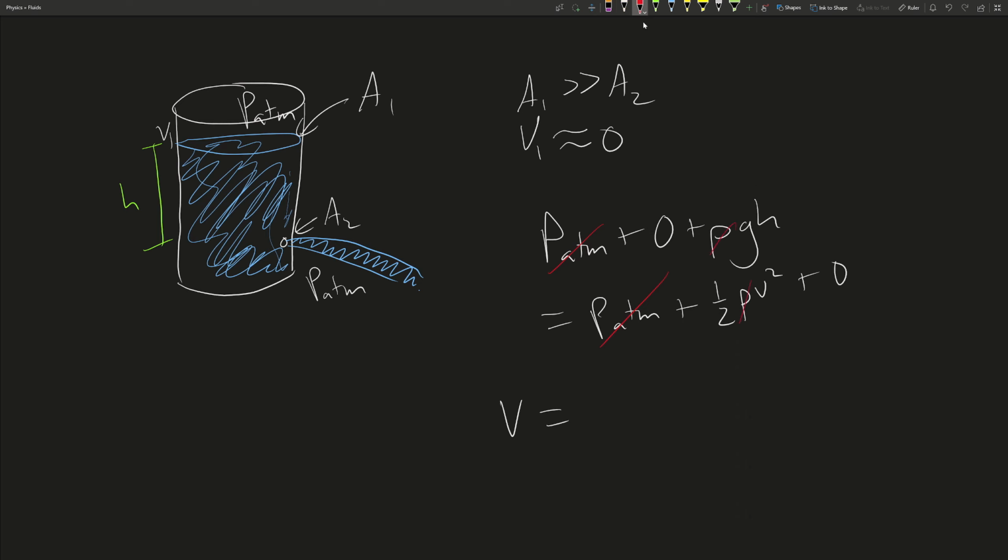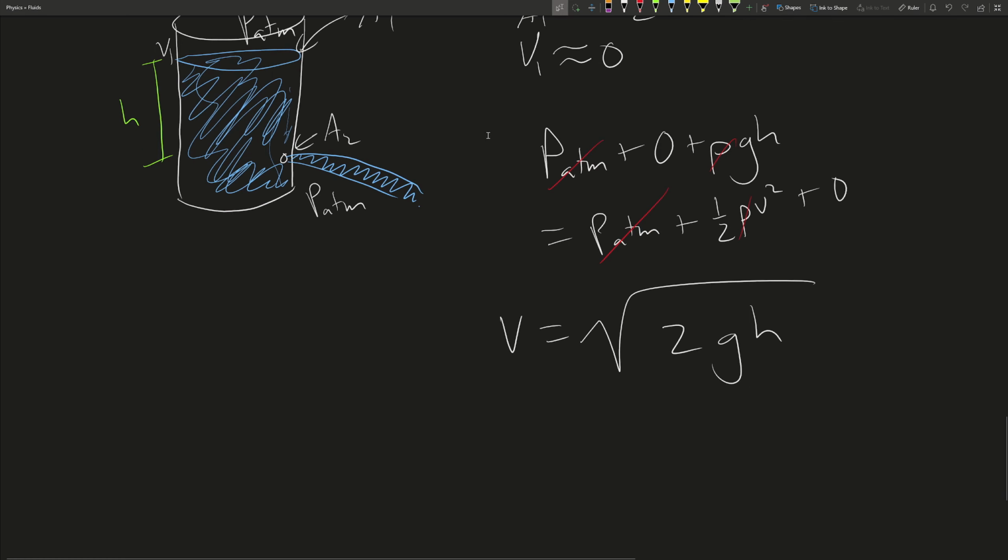Then doing algebra, we get that v, the velocity of the stream, is equal to the square root of 2gh. Notice how it only depends on the height. It doesn't depend on the area of the stream, as long as the area of the output is much less than the area of the total reservoir.